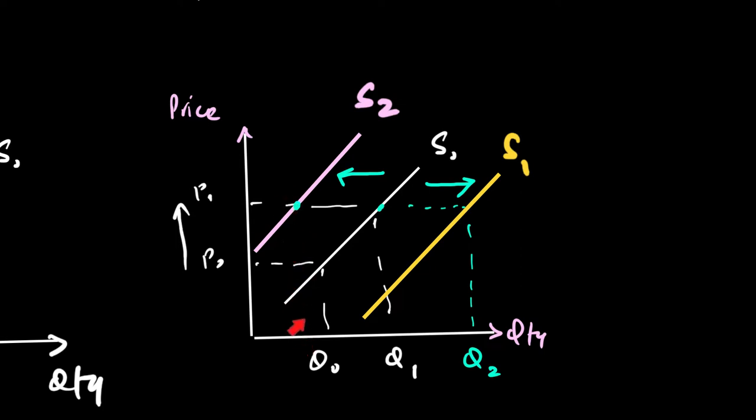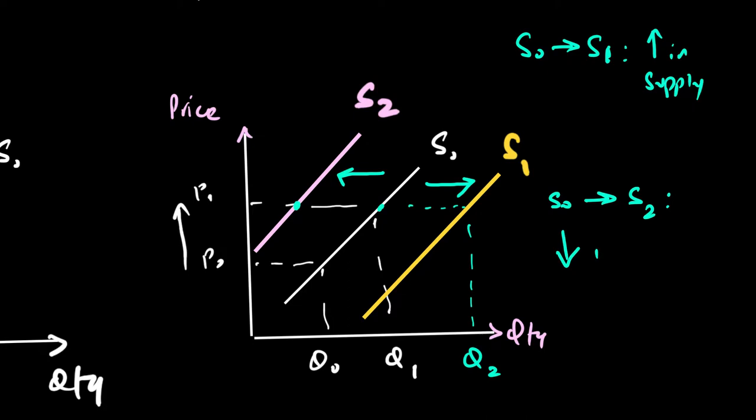Which means that when the price remains constant and yet the quantity produced is going up, there could be what we call a non-price factor playing a role. So when I go from S0 to S1, I can say there is a rise in supply, while when I go from S0 to, for example, S2, we can say there's a fall in supply.